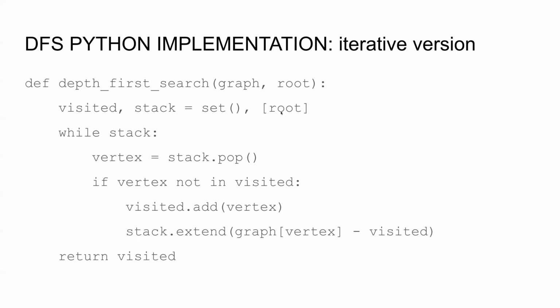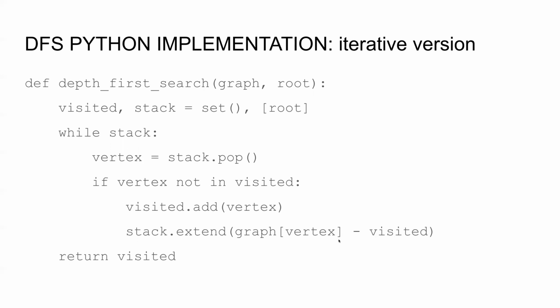The stack initially has the root in it. And of course, while the stack is not empty, we pop one from the stack. If the vertex that's popped from the stack is not visited, we add it to the visited set because we are visiting it. And we also push all the neighbors of that vertex, where the graph is a dictionary of sets, minus visited, the ones already visited, right?